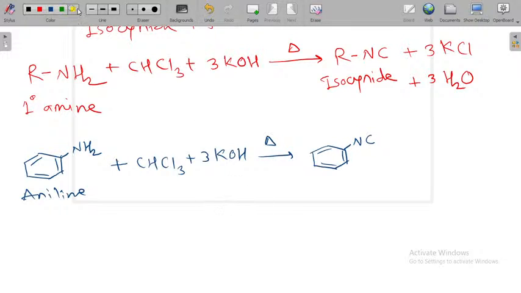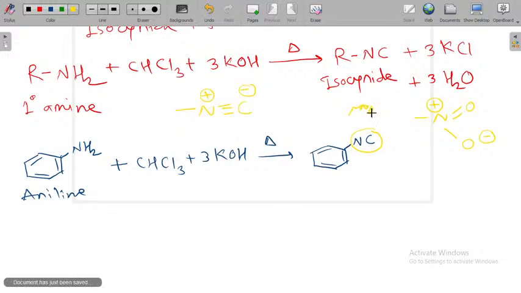How is this isocyanide written? That is N triple bond C, N plus C minus. Overall we are not giving any charge on this isocyanide group because one positive and one negative charge neutralize each other. Similarly, as you may have gone through, the nitro group is N plus and O minus, but we simply write nitro as NO2.